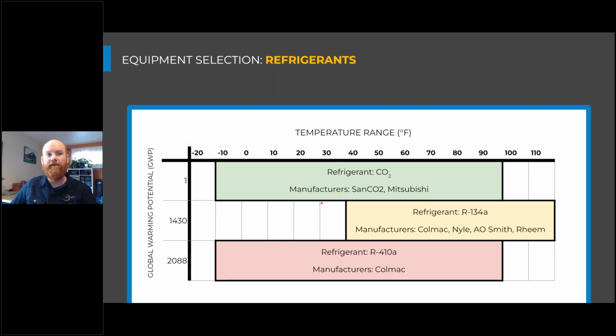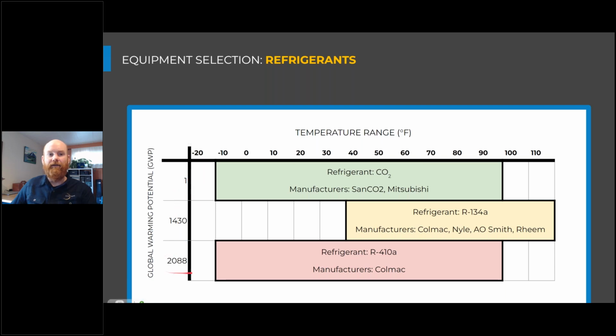And then R410A, this is the refrigerant that's used in the VRF systems for those large space conditioning heat pump systems. But there are also manufacturers that use this for heat pump water heaters. Once again, these can work down to cooler air temperatures. However, they're a much higher global warming potential. So if any of this refrigerant leaks, it's very toxic compared to that CO2.